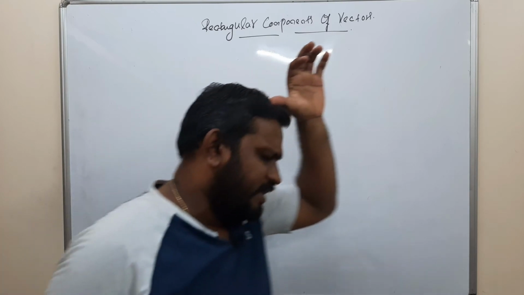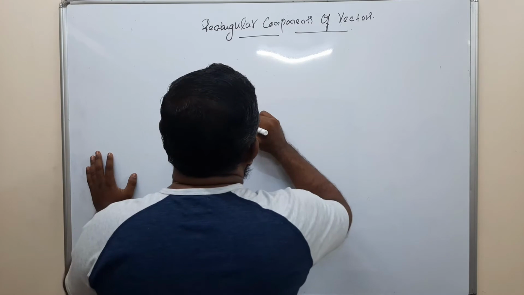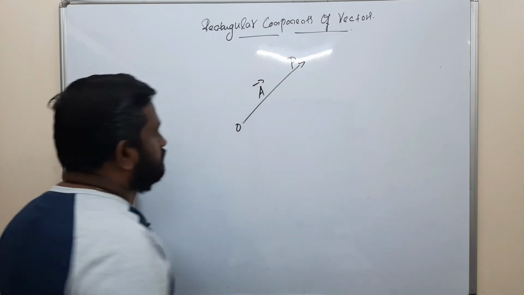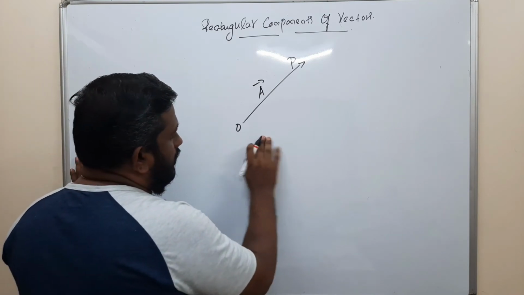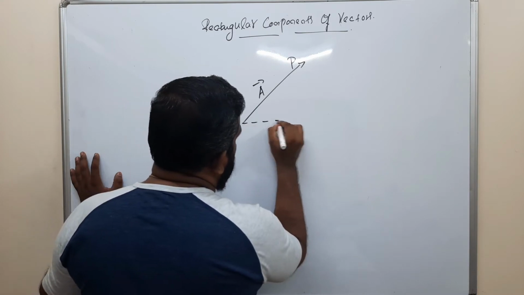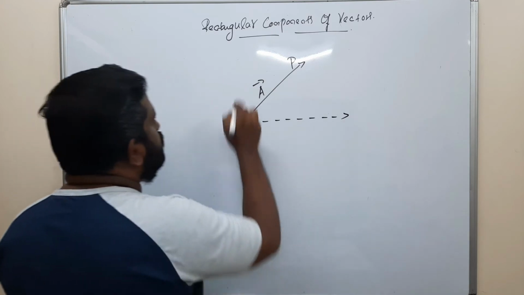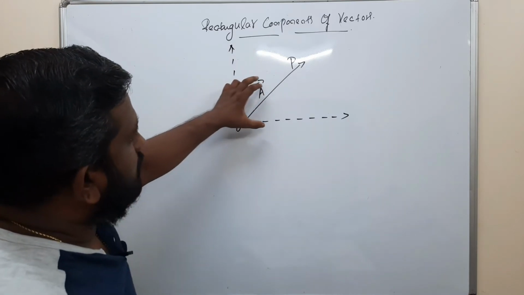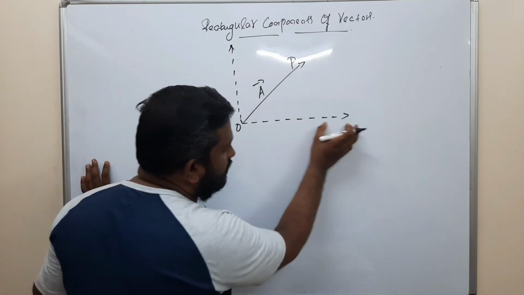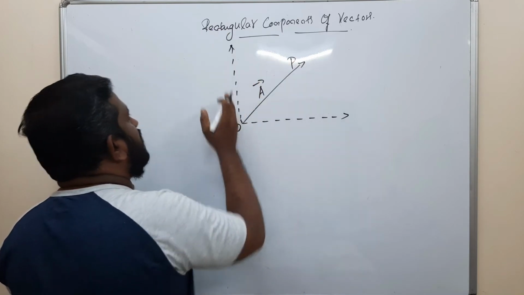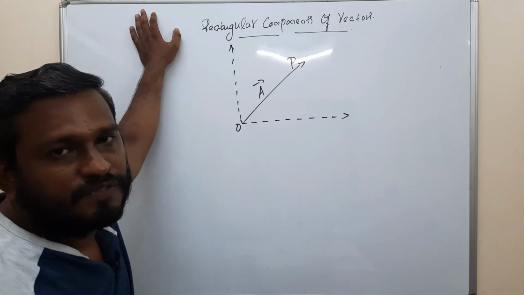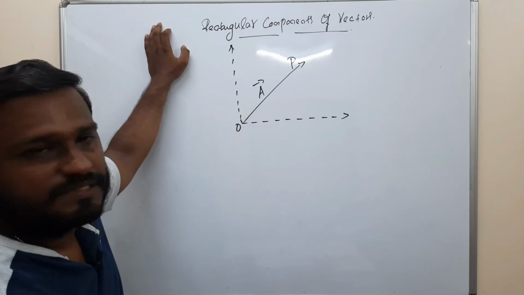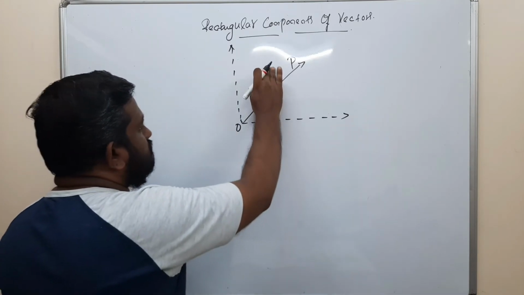So if a vector is given, for example, OP, that is a vector, and this vector is resolved along two mutually perpendicular directions, the component of this vector along the horizontal direction and the component of this vector along the vertical direction are called the rectangular components of the vector.